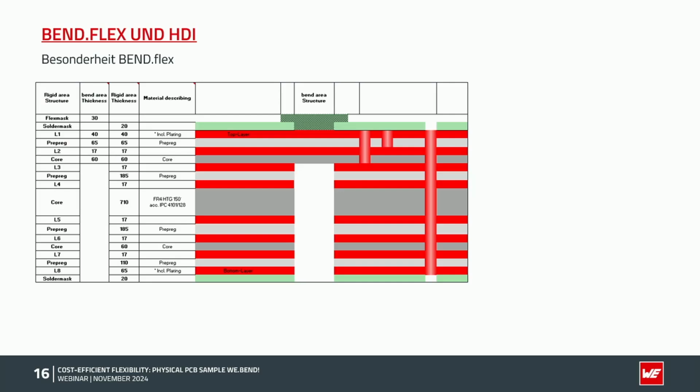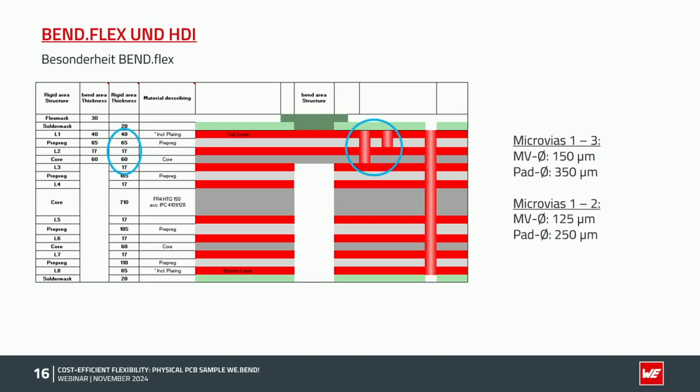So if we have a look at the stackup, then you can see here how it's produced. We have between layer 1 and layer 2 a prepreg, which has only 65 microns. Underneath we have base copper, 70 microns, and then a very thin core. And you can see that we have here the microvias from layer 1 to layer 2, and from layer 1 to layer 3.